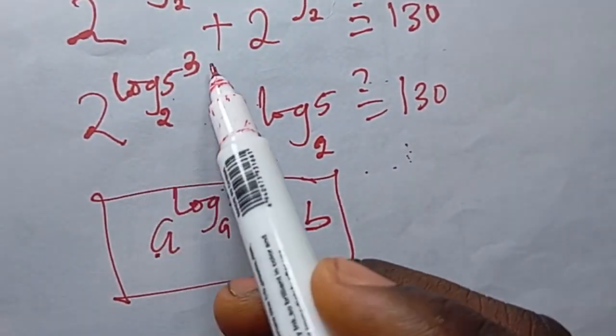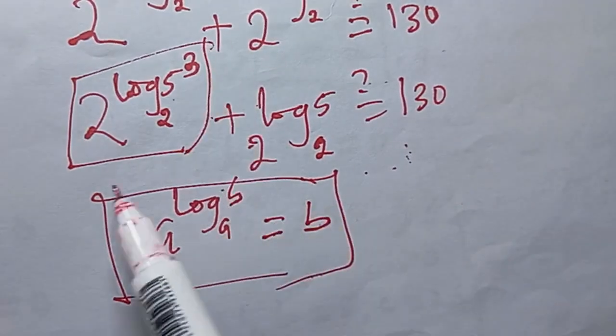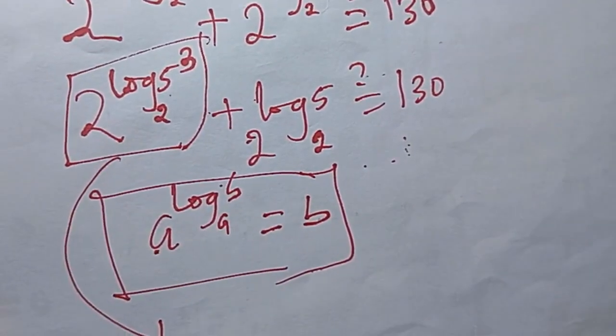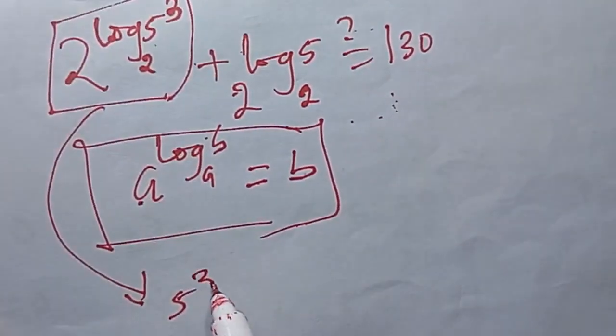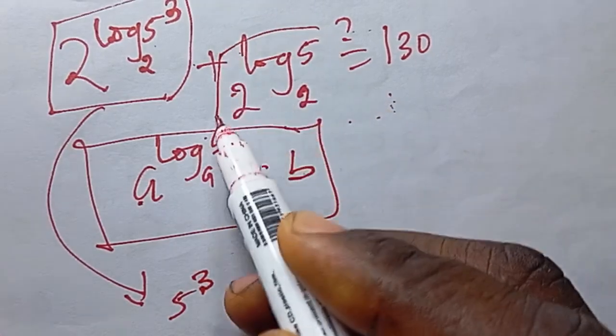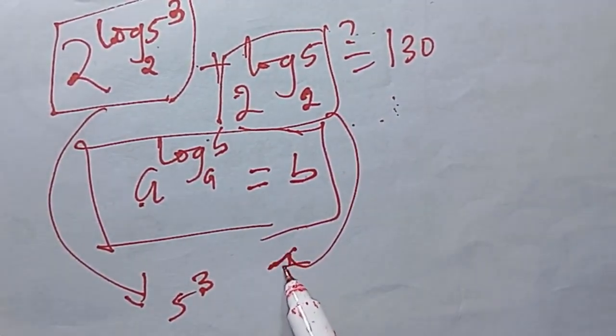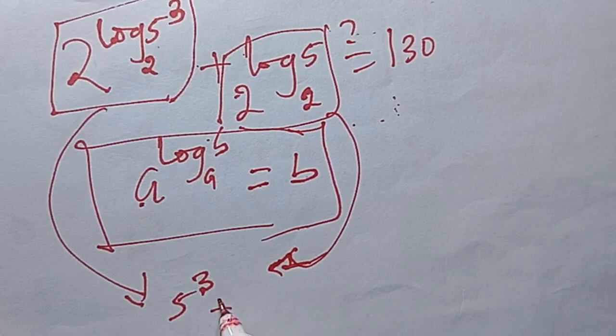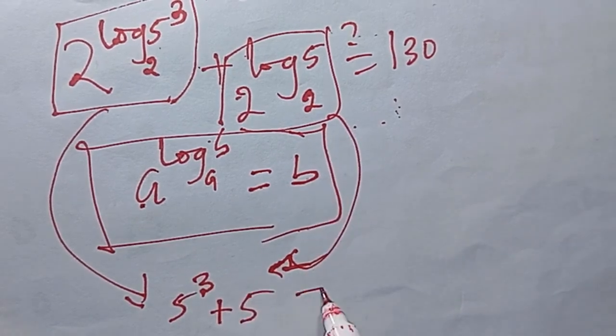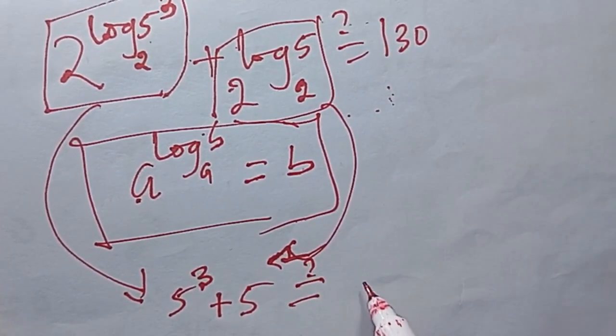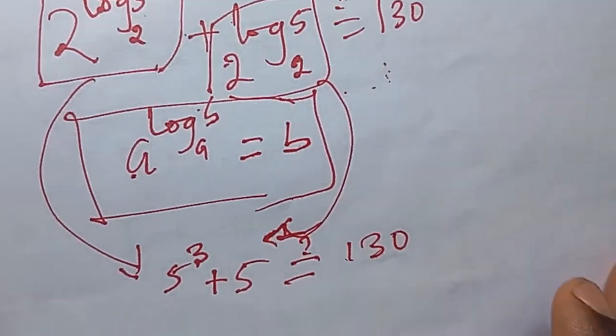If I apply this rule here, this one will change to 5 power 3, and then this one here will change to 5. Then we want to find out whether this is equal to 130.